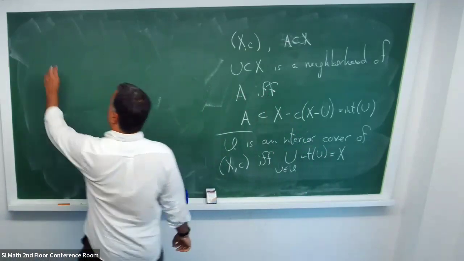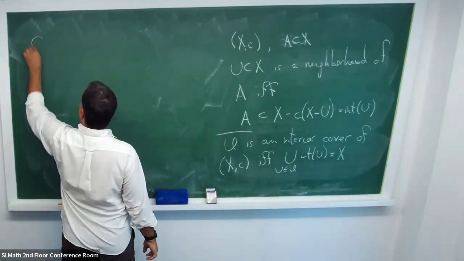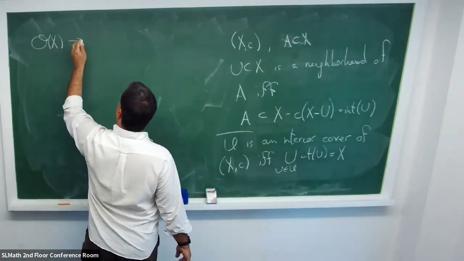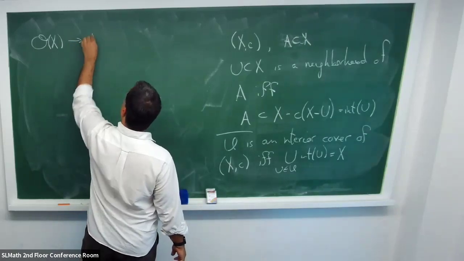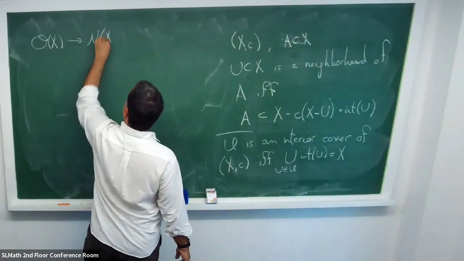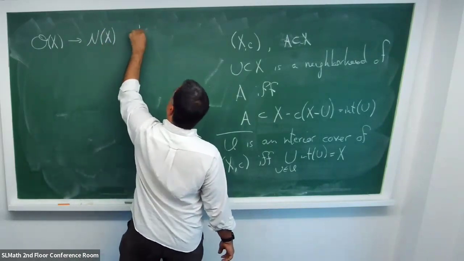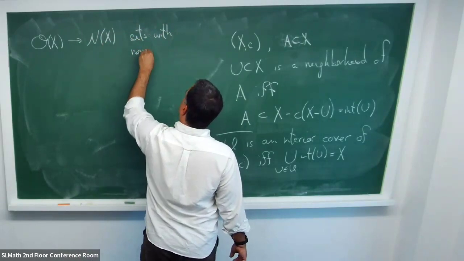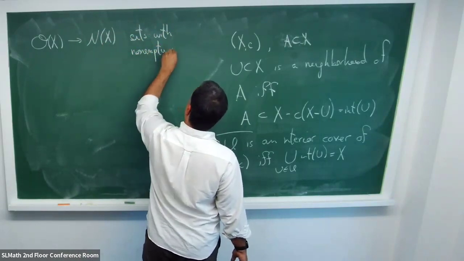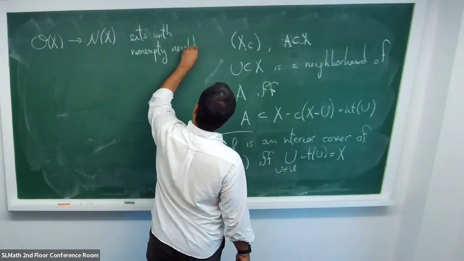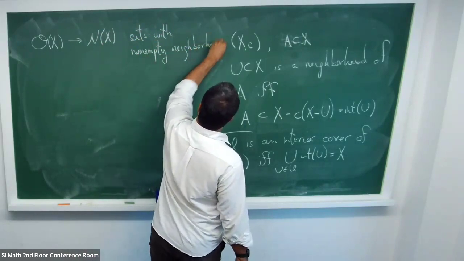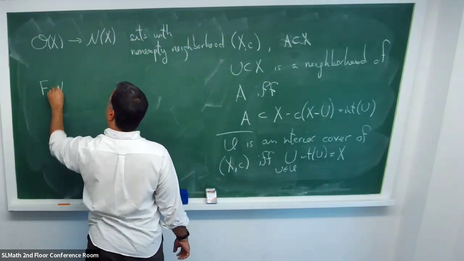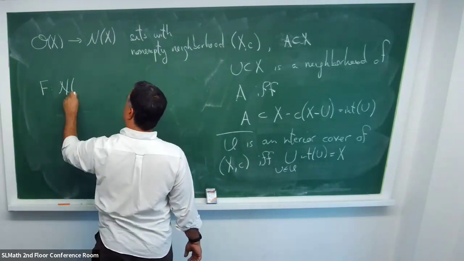Maybe instead of open sets, we could take sets with non-empty interior, and then as a presheaf, we would consider this with inclusion.